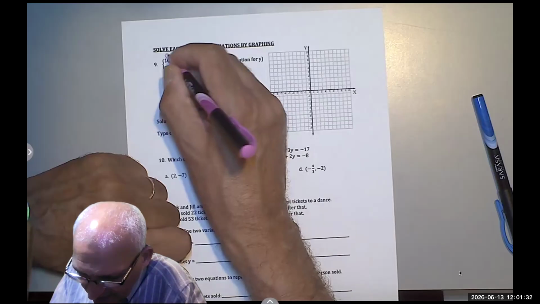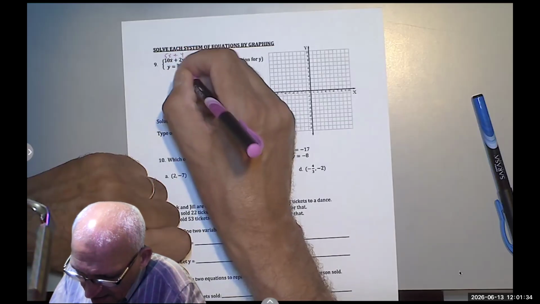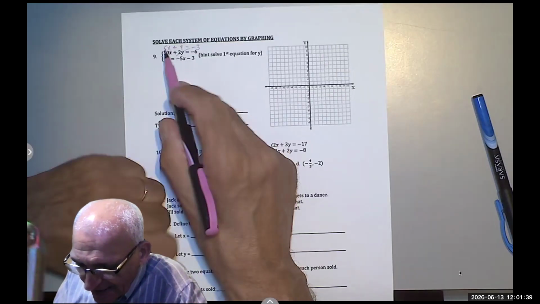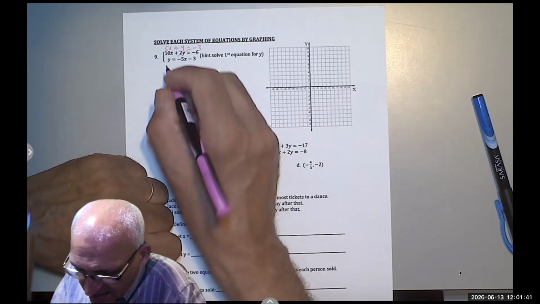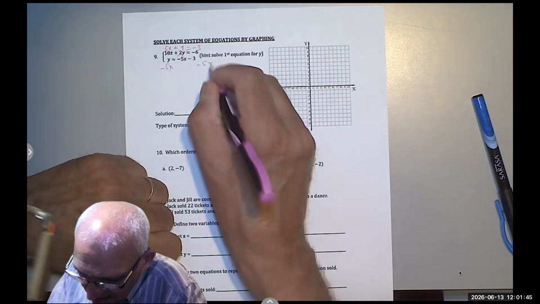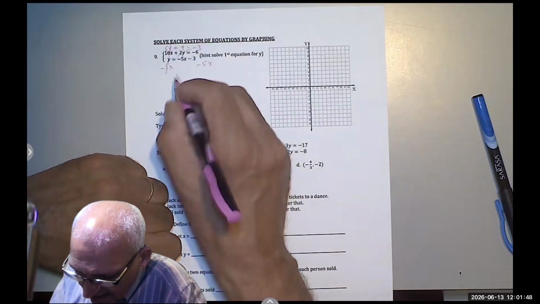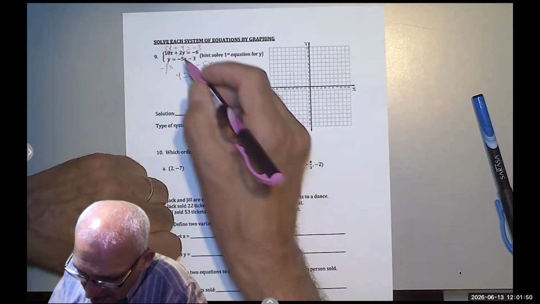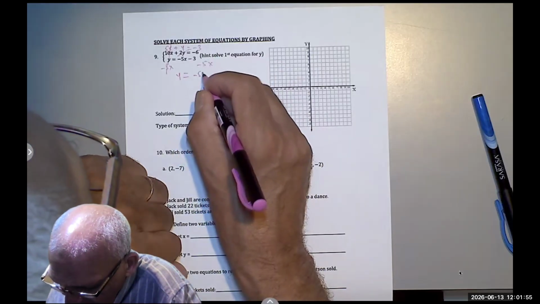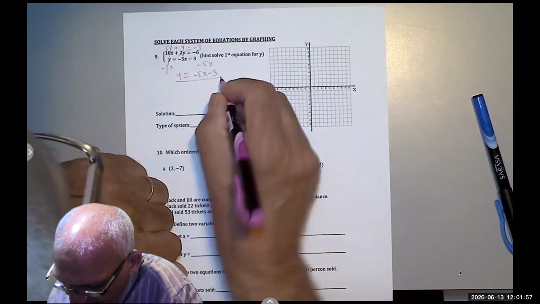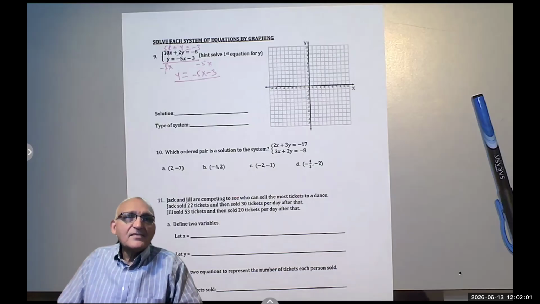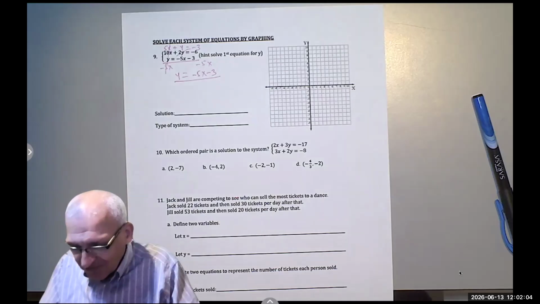So that would be 5x plus y equals -3. And then I'm going to subtract 5x from both sides, minus 5x, minus 5x. These would cancel, and I get y equals negative 5x minus 3, which is the same as that equation. So that's the same line.